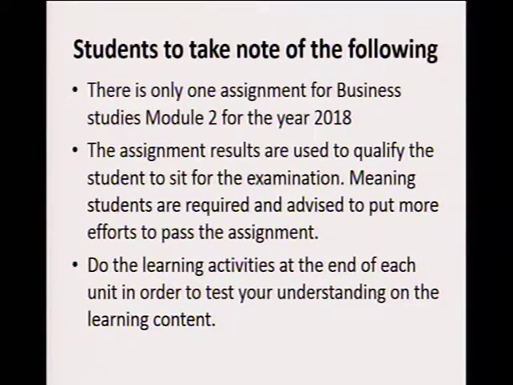The assignment results are used to qualify the students to sit for the examination, meaning students are required and advised to put more effort into passing this assignment.